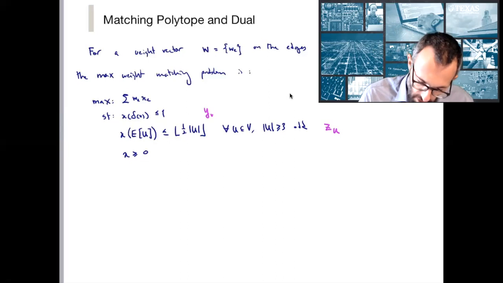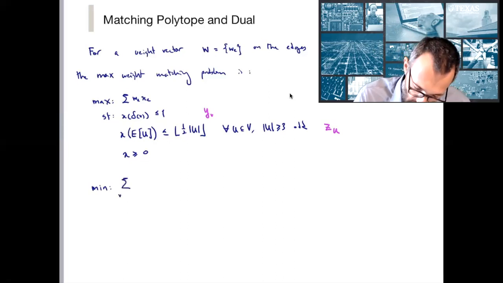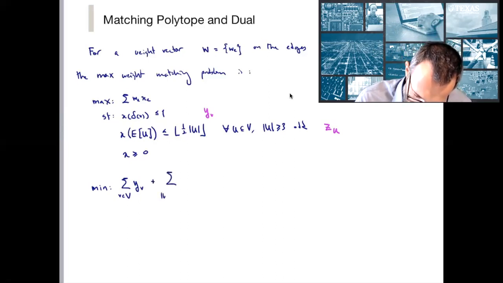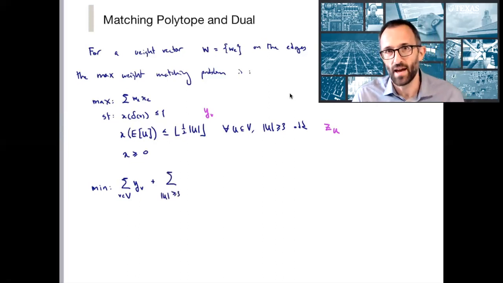And the dual is now the minimization problem, minimizing the sum over all V of YV plus the sum over all U greater than 3, U odd. If I don't write that, it should always be understood.